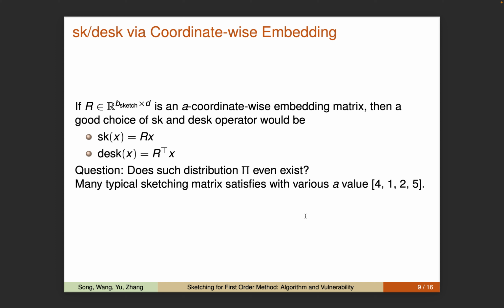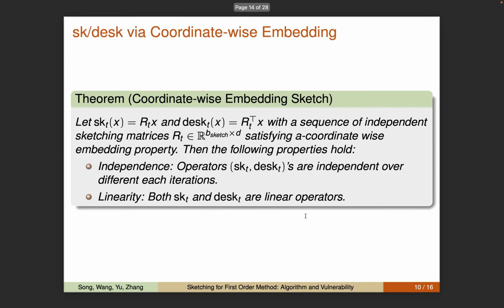The question is, does such a distribution pi even exist? A very important result is that many typical sketching matrices satisfy such a property with various values of A. Here is the main theorem for the coordinate-wise embedding sketches.